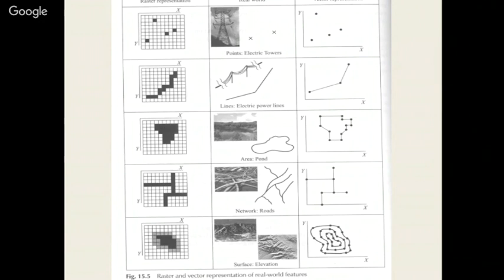The pond, for example, which is two-dimensional, occupies various grid cells in the raster representation, while a polygon is used in the vector data model. Likewise the road networks and elevation also.